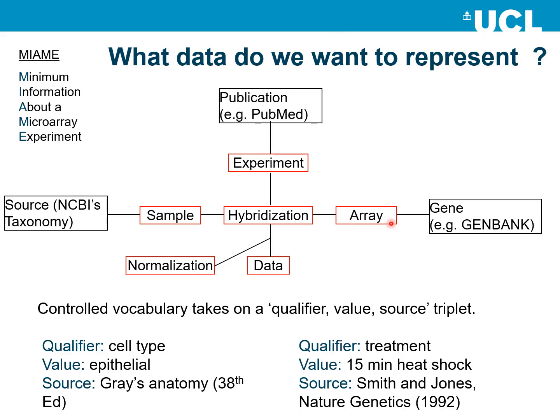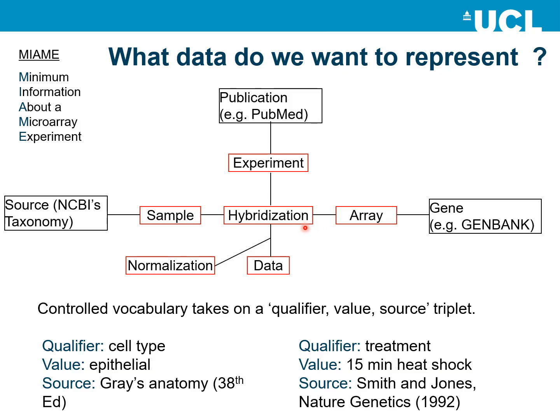If it's a spotted microarray, it would be 2 samples. And then the experimental design, is it pairwise comparison? Is it a dye swap? Is it a comparison between a reference sample? So there's lots of detail about what hybridizations were actually carried out.